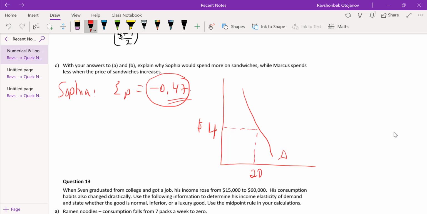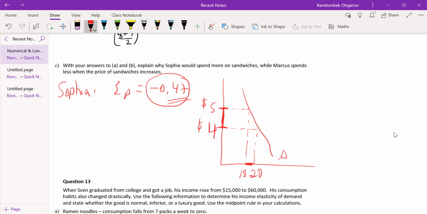But then price went up to, let's say, $5, which is the price given to us. Notice what happened here. Quantity declined by only a small amount, a small decline compared to this rise. Because price rose by a higher percentage than the decline in quantity demanded, expenditure increases. So she will still spend more as a result, because the percentage increase in price is higher than the percentage decline in quantity. So that's the reason.